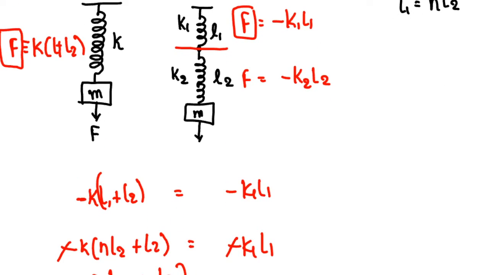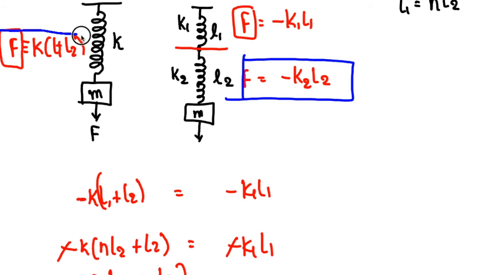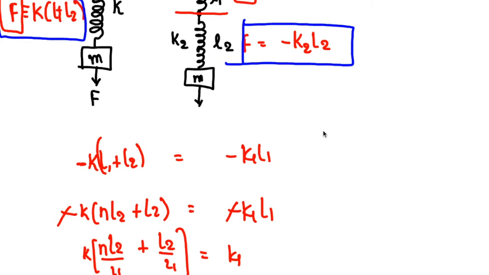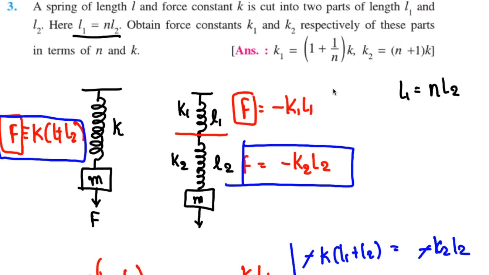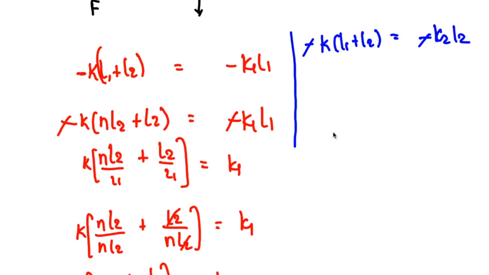Similarly, we can compare this force equation with our total force equation like this: minus K (L1 plus L2) equals minus K2 L2. My minus sign will be cancelled out, and we can substitute the expression for L1, that is nL2.